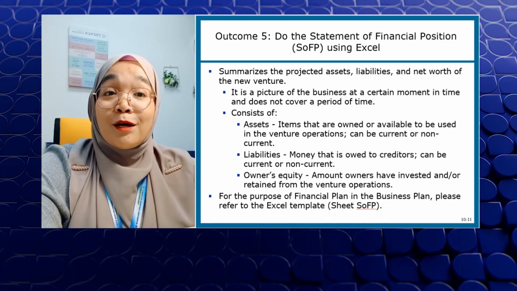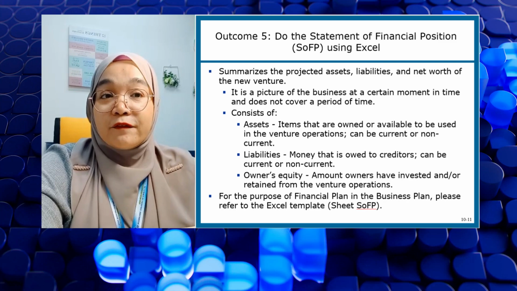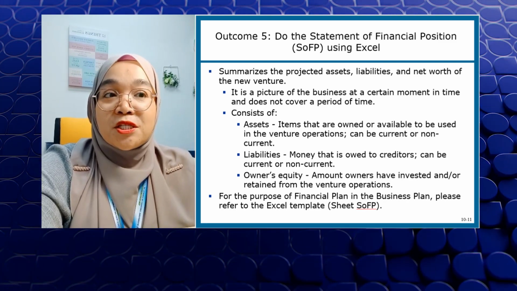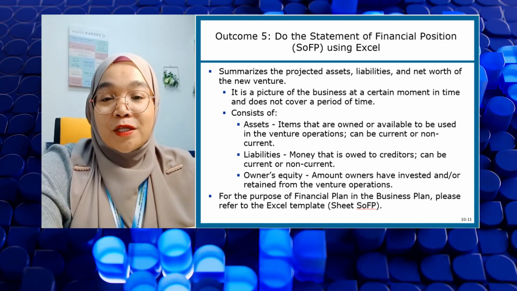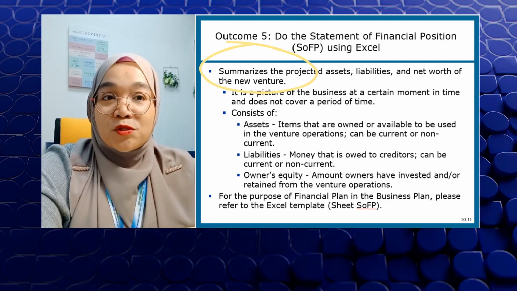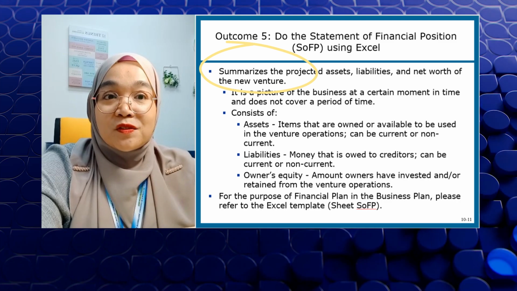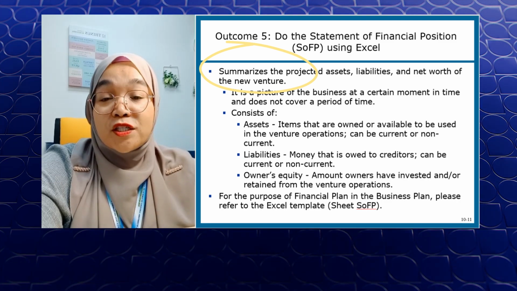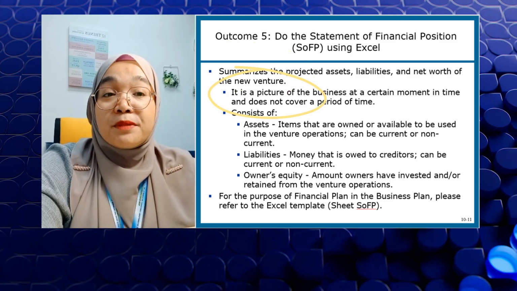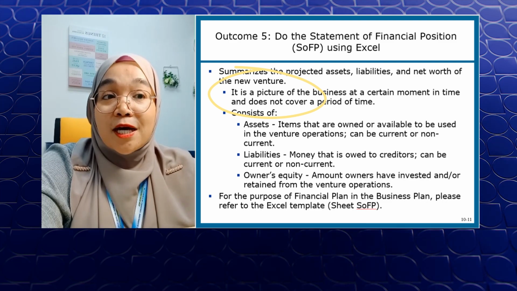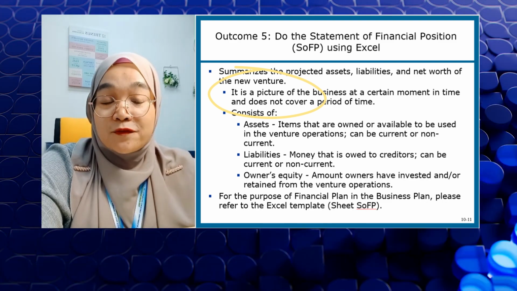Alright, now we go to outcome number 5, do the statement of financial position using Excel. Statement of financial position, SOFP, summarizes the projected assets, liabilities, and net worth of the new venture. It is a picture of the business at a certain moment in time and does not cover a period of time.